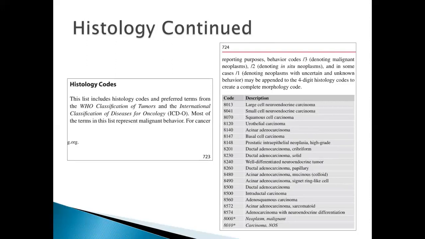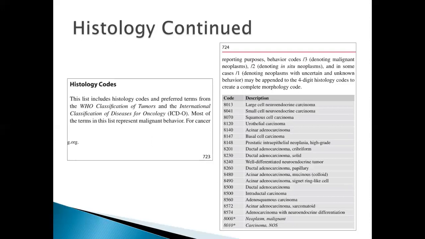This is a shorter list. But like I said, almost all prostate cancers are adenocarcinoma, okay? So keep that in mind. And this is a pretty short list. There are some chapters and some sites that have a long list.